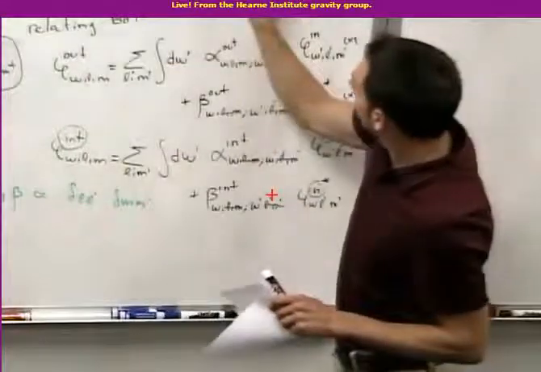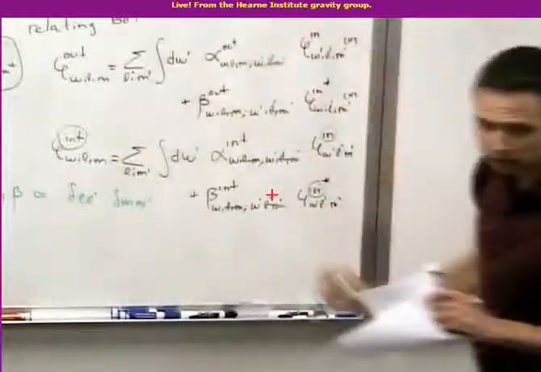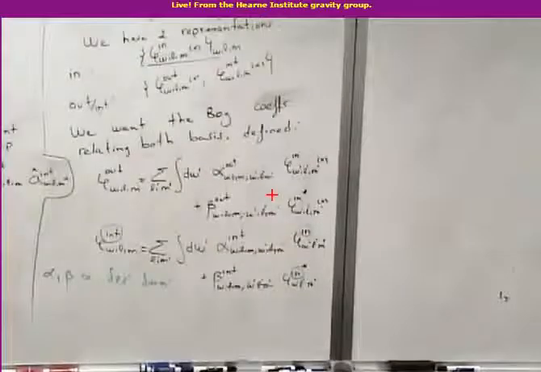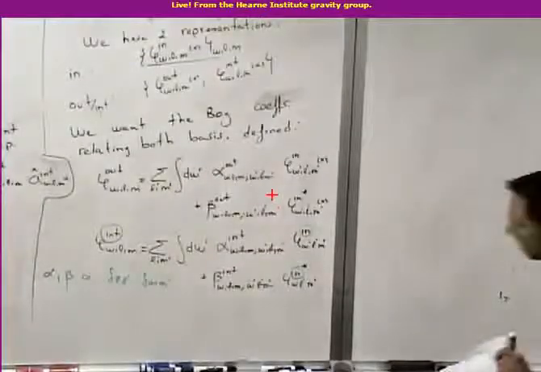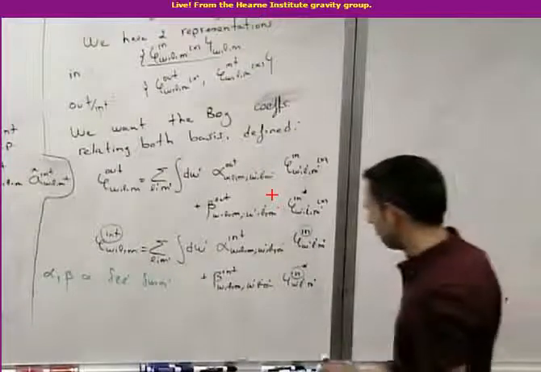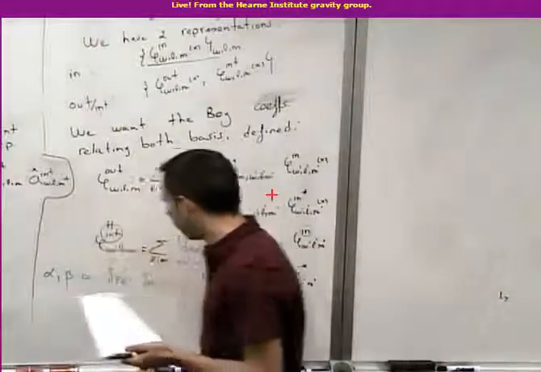So this is the element of this basis as a combination of the other basis. Probably int and in are so close that people can get confused. A different name is better. Sorry. No, it's okay. You can call them H or something rather than int.